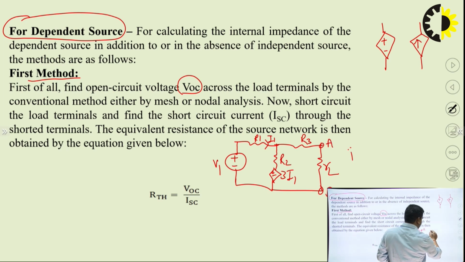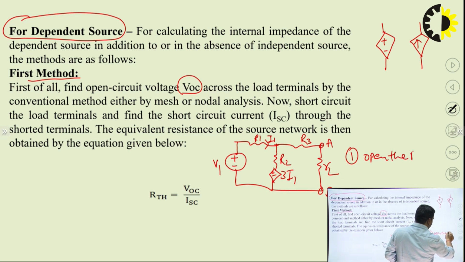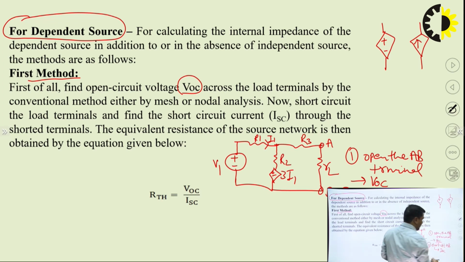First is to open the AB terminal and find the VOC voltage. Second is to short circuit AB and find ISC. By conventional methods, you can use mesh analysis or nodal analysis, whatever you want.